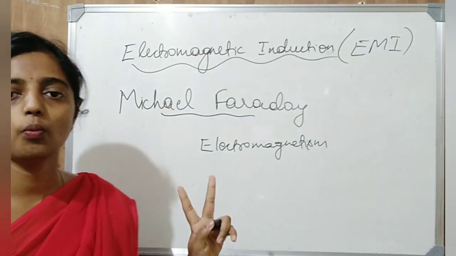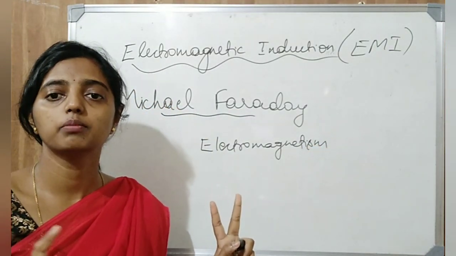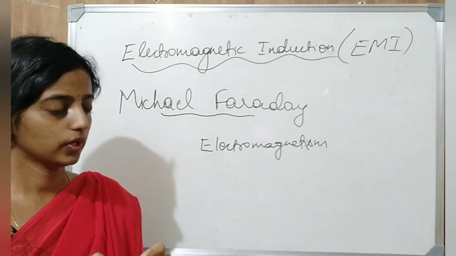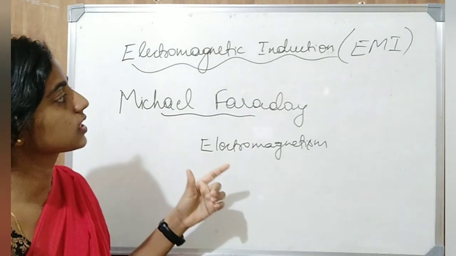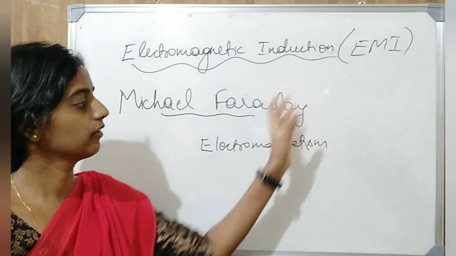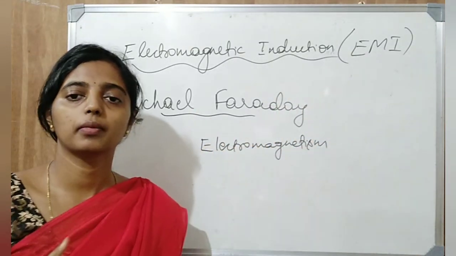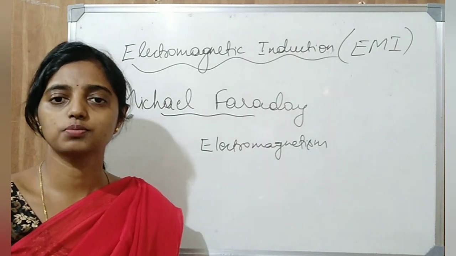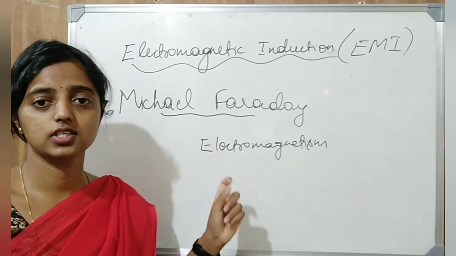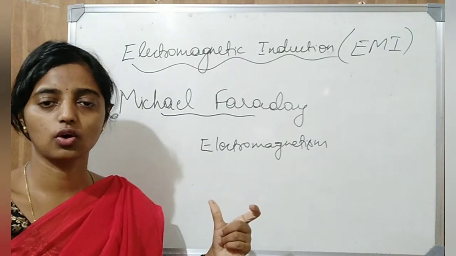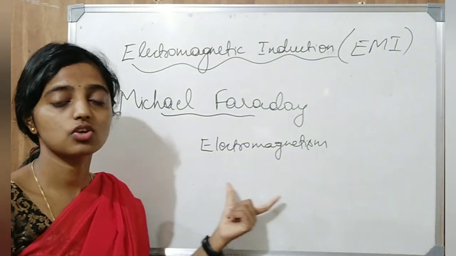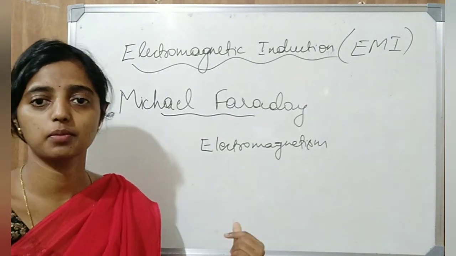Now I told 2 points. On both of these points, they may give you an MCQ question. The first one is, they will ask who discovered the concept of EMI, and they will give 4 different options, in which we have Michael Faraday. And remember, we'll also have one more option: in the very beginning of this chapter we discussed one scientist, right? Who is that? Hans Ørsted. They will give his name also.